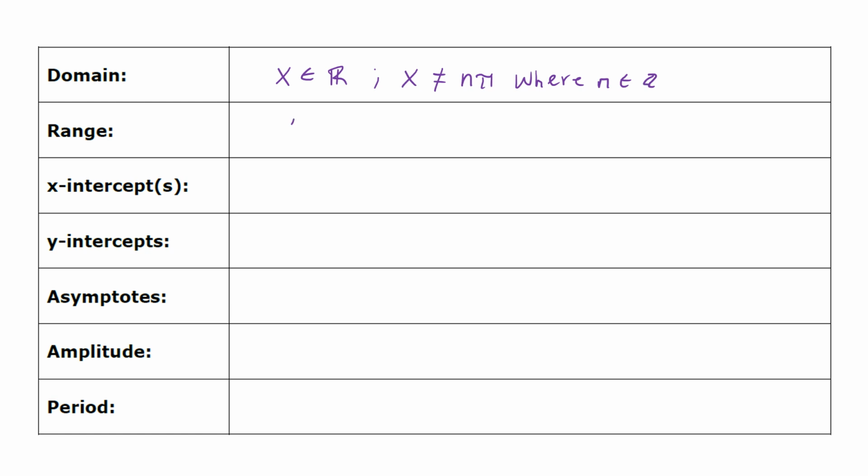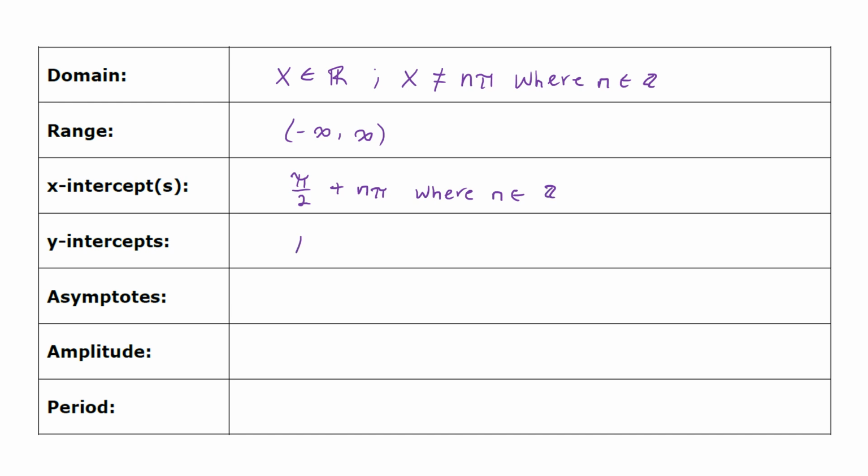The range is going to be from negative infinity to infinity. The x-intercepts are going to be pi divided by 2 plus n times pi, where n is an element of the integers.